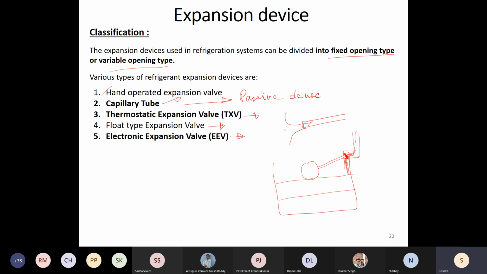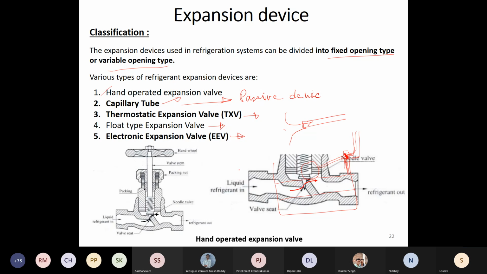Only after that we'll be able to discuss where the float type expansion valve is preferred. Since we do not have so much time, we will skip this. And there is nothing much to discuss about the hand operated expansion valve. So it is basically a tap. Okay, so this is a hand operated expansion valve.